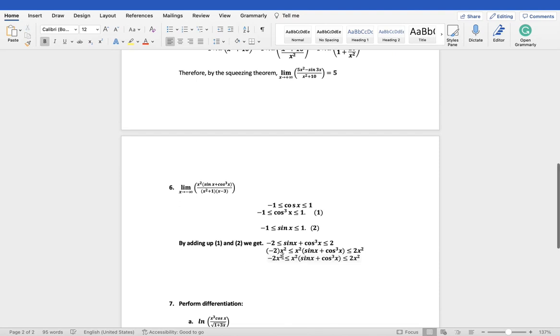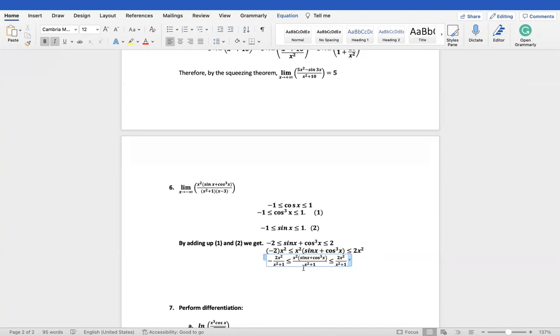So let's divide by x squared plus 1. Please, when you're done speaking, you can mute yourself so there's no interfering sound in the background. So you have 2x squared divided by x squared plus 1, right?